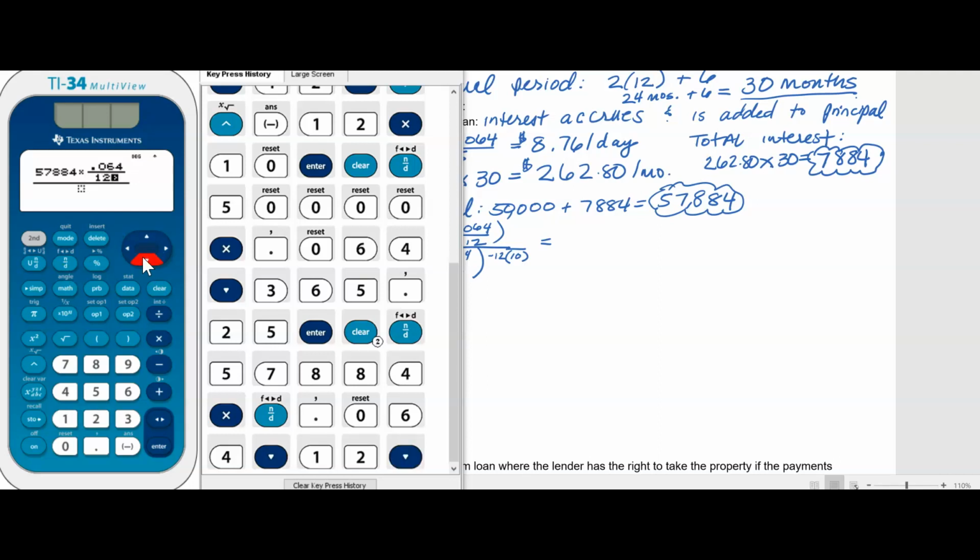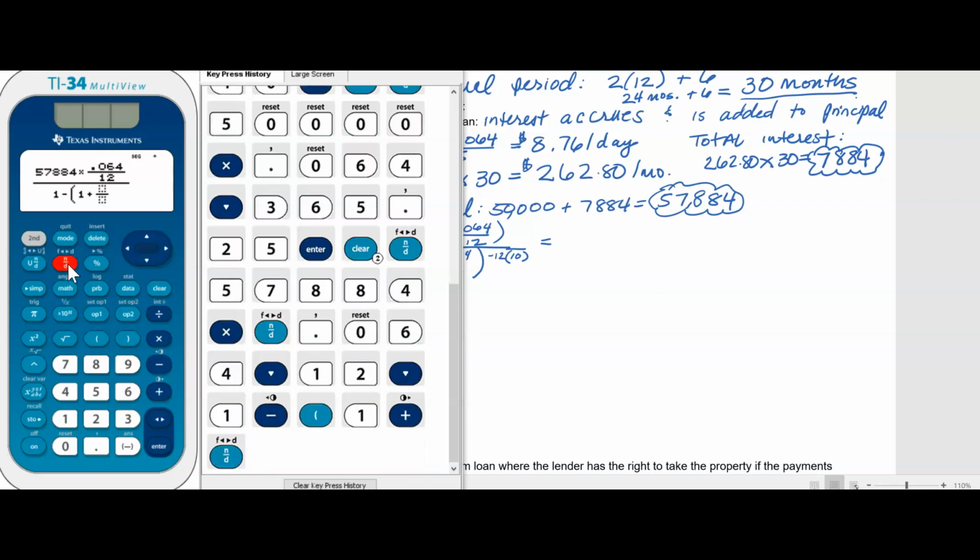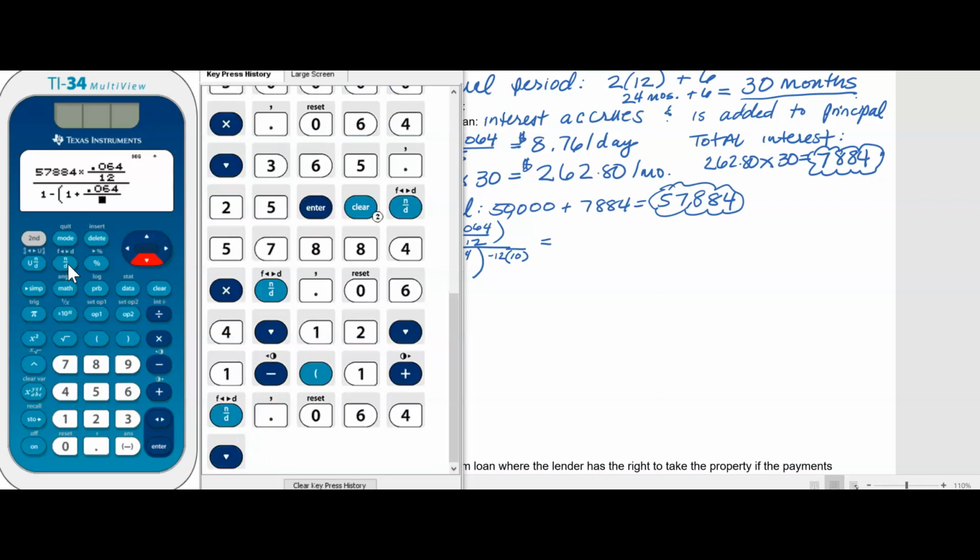And then I'm going to come down below in the fraction below, and I'm going to do 1 minus parenthesis 1 plus n over d button because we have another fraction, 0.064, again, arrow down, 12, and then arrow to the right so that we get out of that fraction, and then we're going to put n parenthesis and use our exponent key.